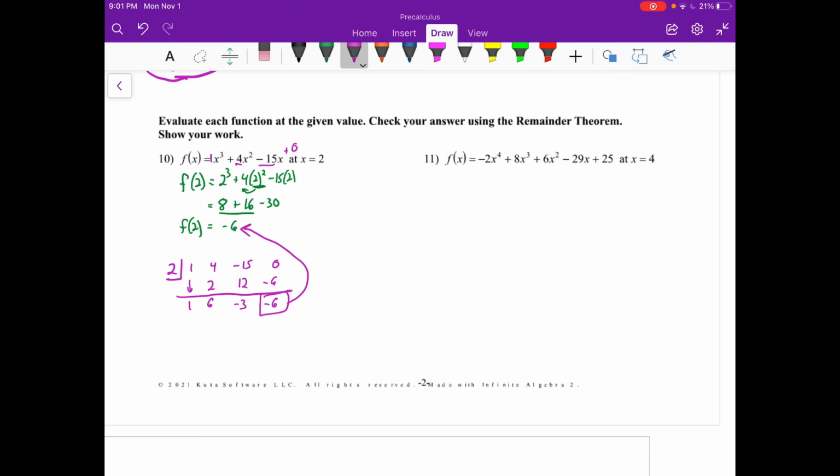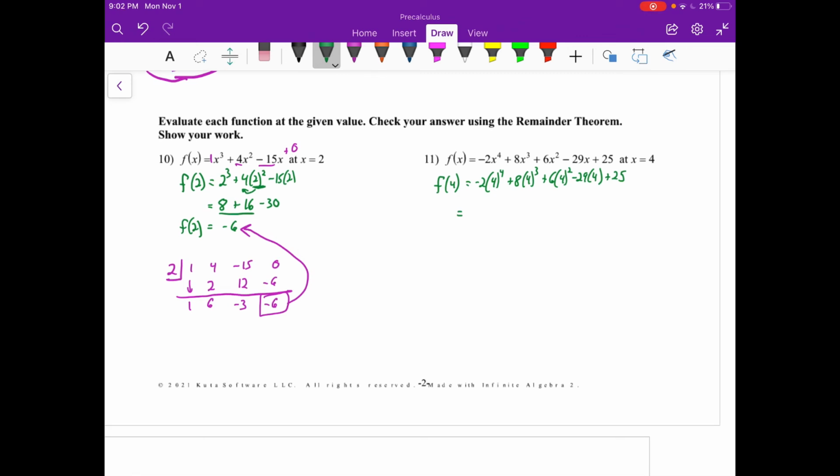Well, we're just going to do the same thing for number 11. We're going to do f of 4. This might be a little more involved here. Negative 2 times 4 to the 4th plus 8 times 4 cubed plus 6 times 4 squared minus 29 times 4 plus 25. All right, let's see how we do here.